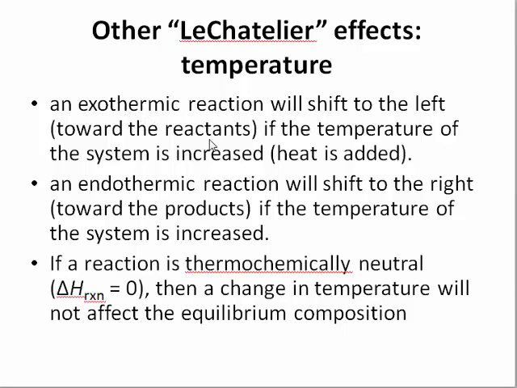It will shift to the left toward the reactants if the temperature of the system is increased, i.e. if heat is added. An endothermic reaction, which needs heat to occur, will shift to the right toward the products if more heat is supplied, if the temperature of the system is increased. If a reaction has a delta H of 0, then a change in temperature will not affect the equilibrium composition.